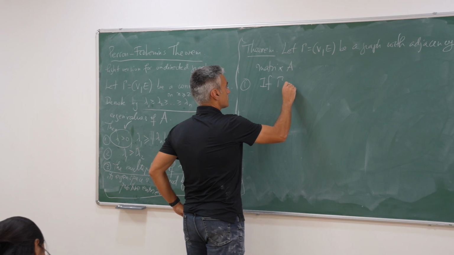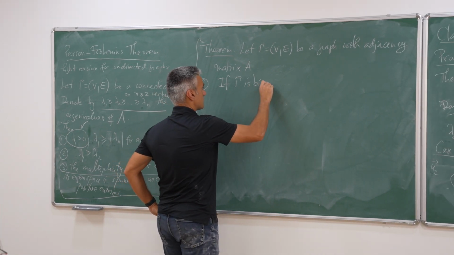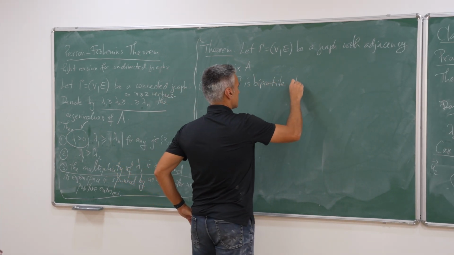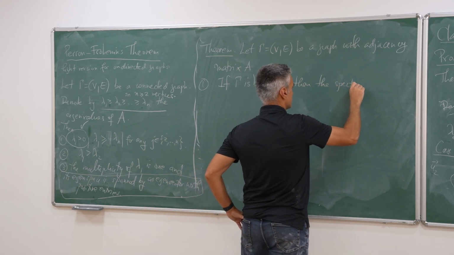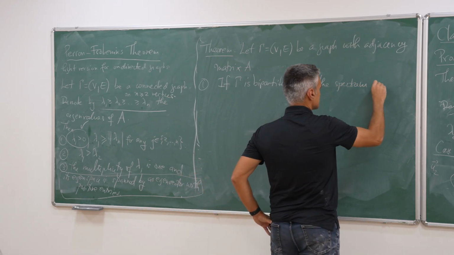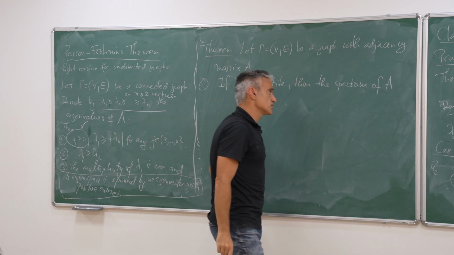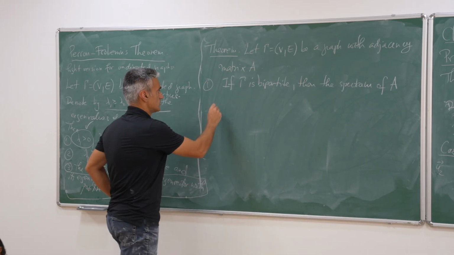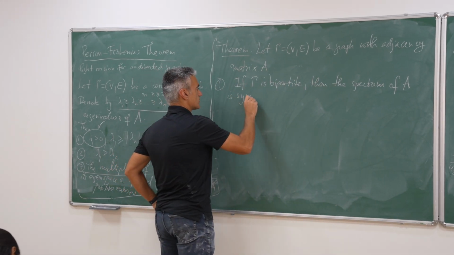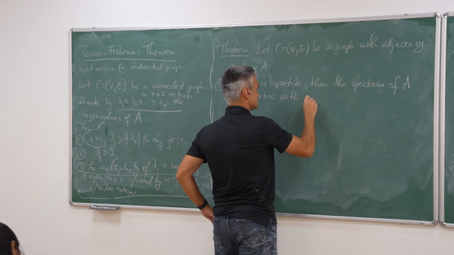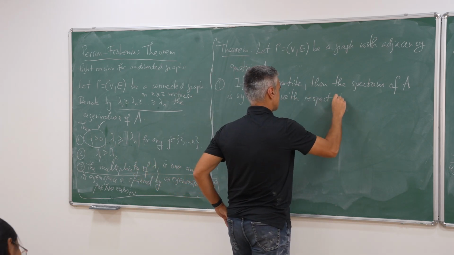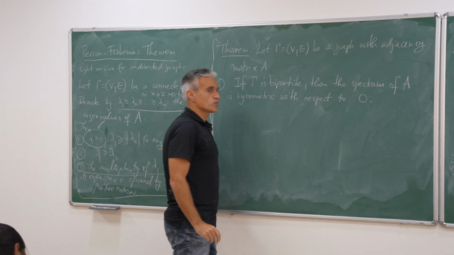If gamma is bipartite, then the spectrum, which I haven't said what it is, but I'll mention in a second, so the collection of all the eigenvalues of A, is symmetric with respect to 0. So what do I mean by this?